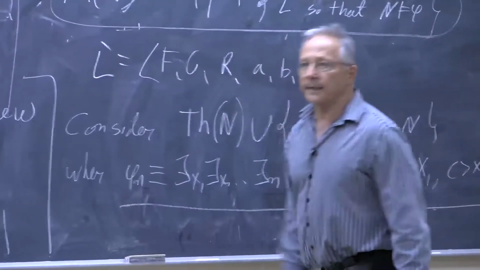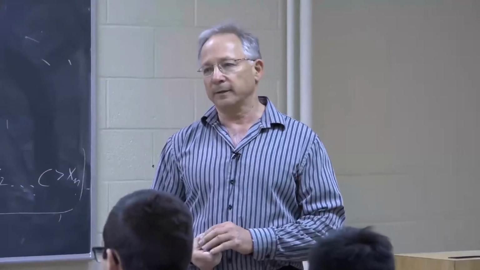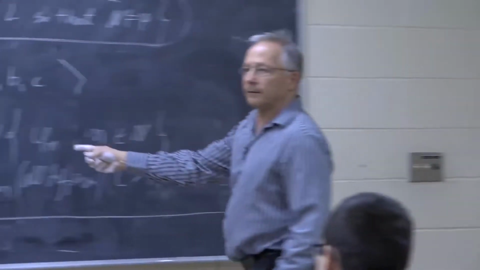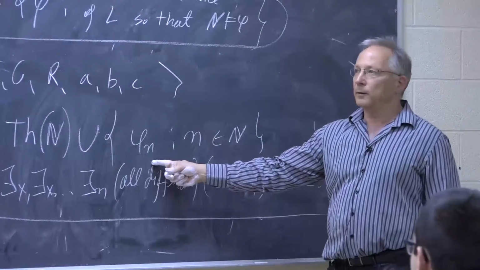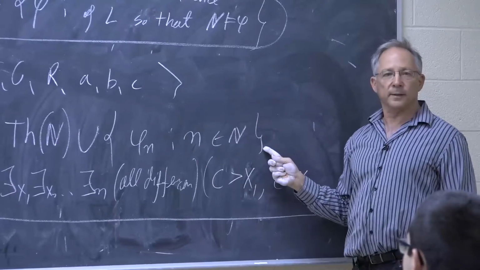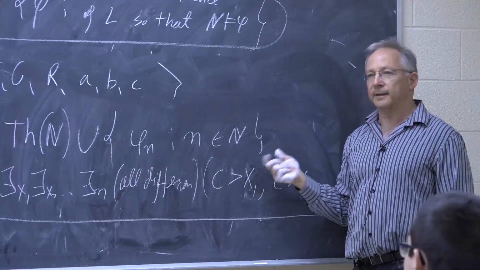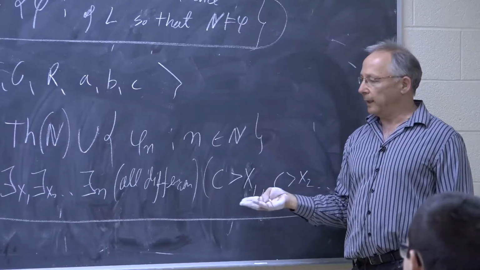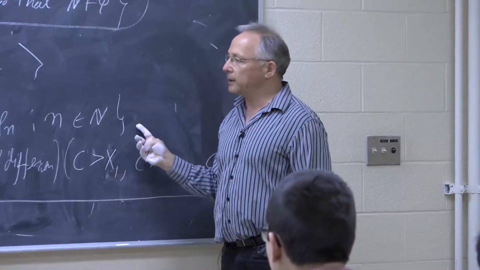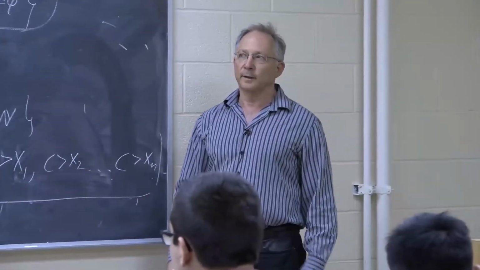So I'm saying C is greater than at least n many numbers. But I say it for every n. Now note that if this is satisfiable, a structure that satisfies it will be a non-standard model, because the interpretation of C in this structure will have infinitely many predecessors. So now we just need to show that this is satisfiable, and we will do it by compactness. But we'll do it on Thursday.